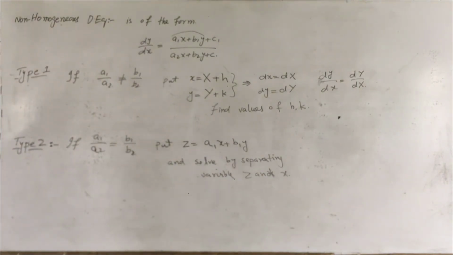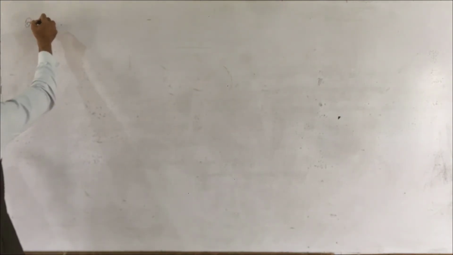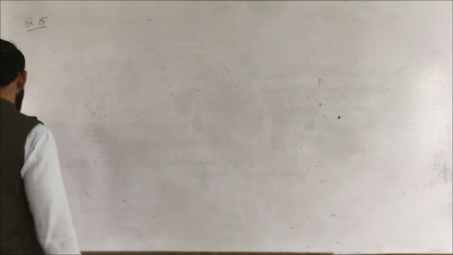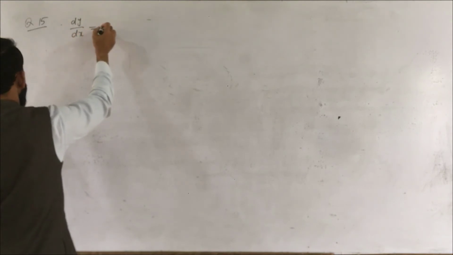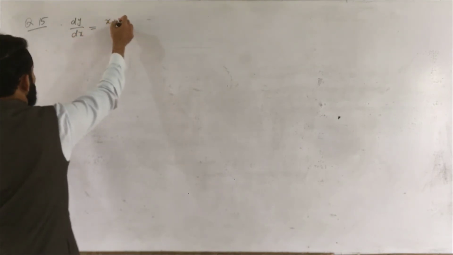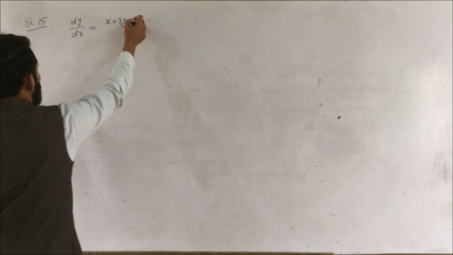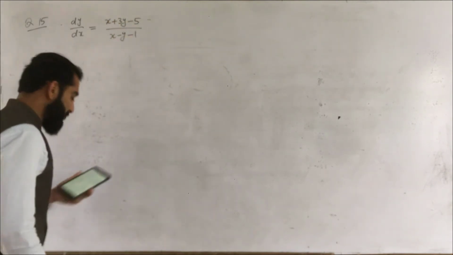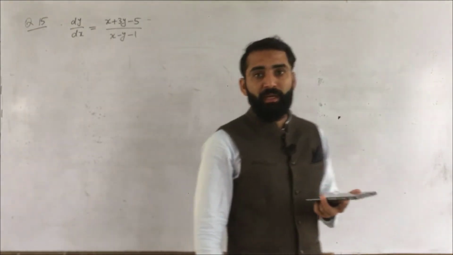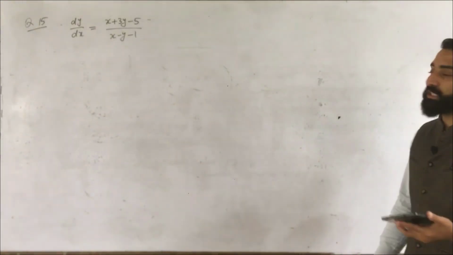Now I am going to solve question number 15, which is a non-homogeneous equation. Question number 15: dy over dx is equal to (x plus 3y minus 5) divided by (x minus y minus 1). It is clear that this is a non-homogeneous differential equation.